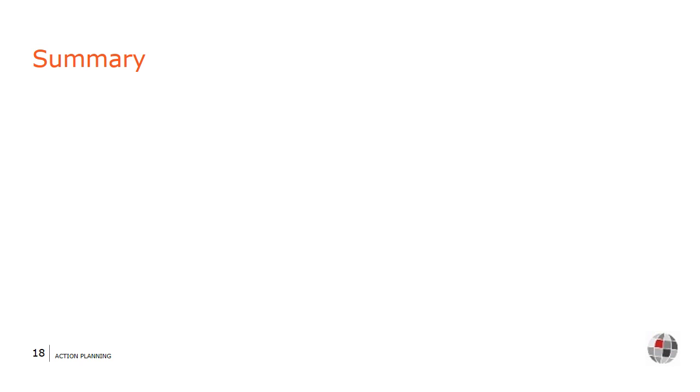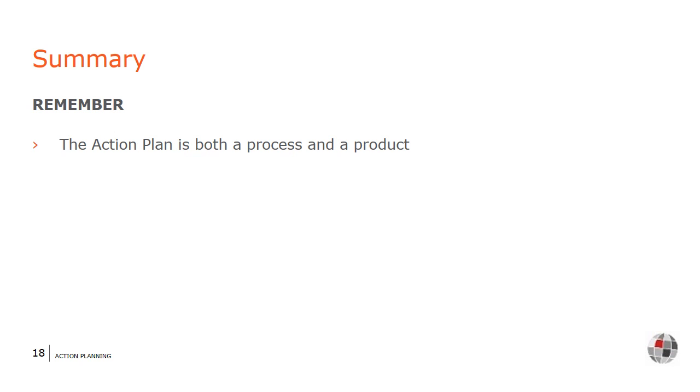Finally, a short reminder of some of the important elements of the Action Planning e-learning module. 1. The action plan is both a process and a product. 2. The action plan is a living document. 3.